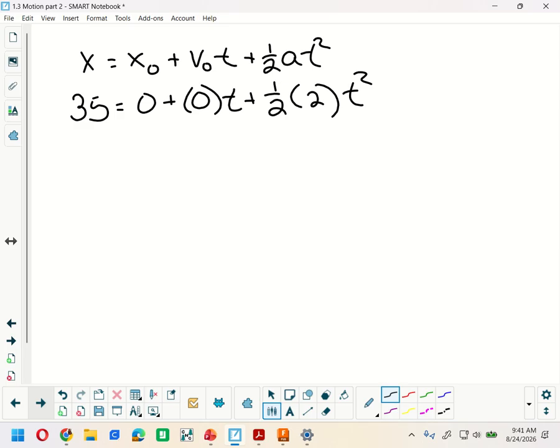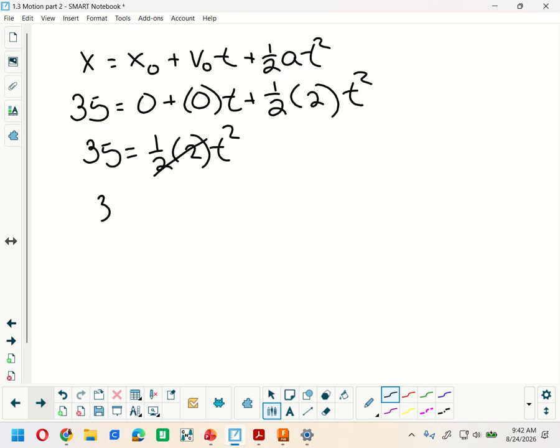Anything times 0 is 0. So that's going to help me out here. 0 is my favorite number because it gets rid of this and that t right there. So I should have 35 is equal to 1/2 times 2 t squared. 1/2 times 2. What happens there? They cancel out. I get 1.